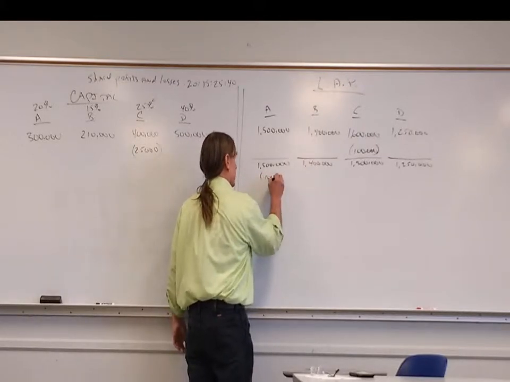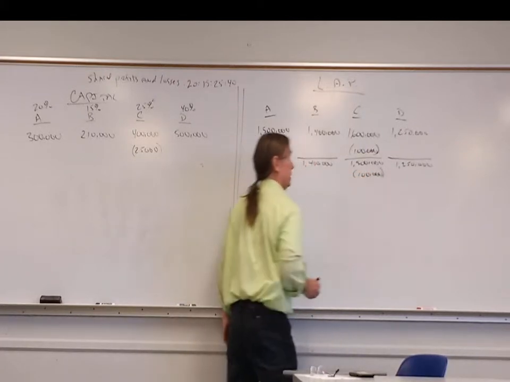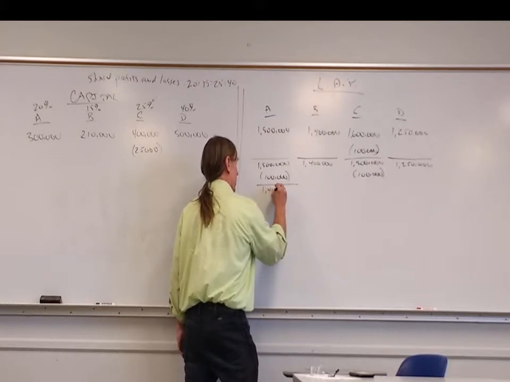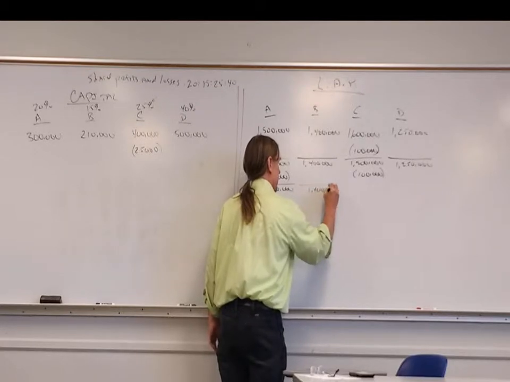So a $100,000 decrease in loss absorption power for both A and C. That'll bring them down to 1.4 million, which is exactly what B has.